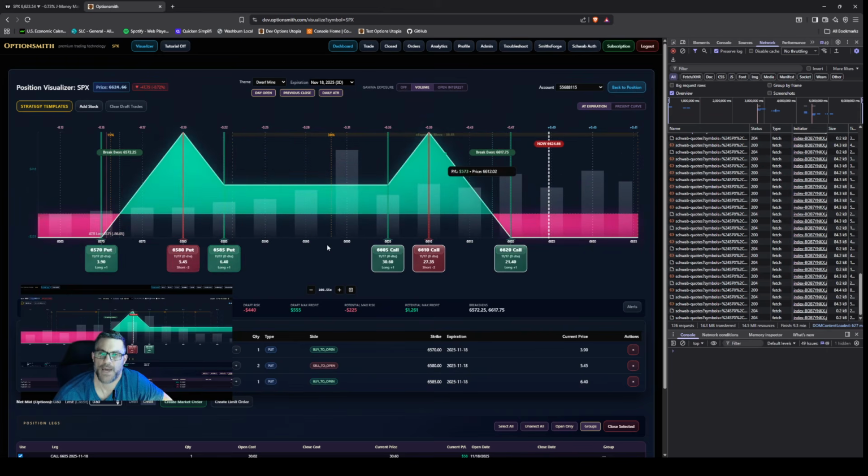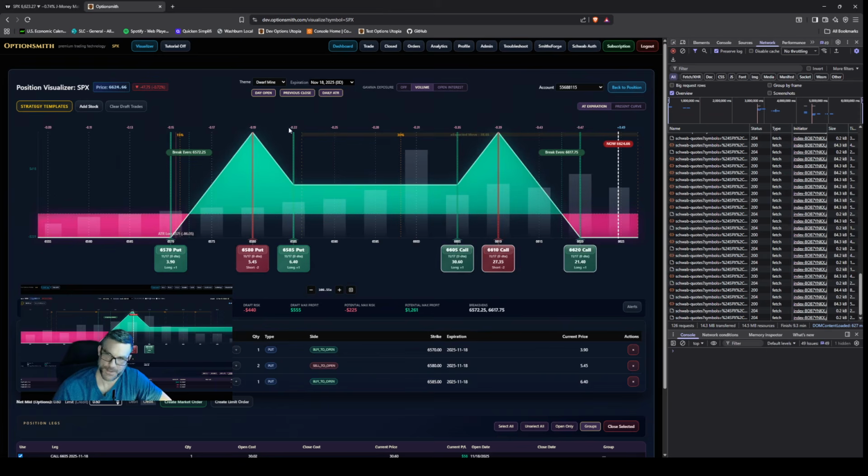So then we end up with a Batman trade, and this is called a Batman trade because these look like the Batman mask. But this is a good situation to be in because then we have a higher profit range in here because we've got the profit range going one way and the profit range from the other one going the other way. And they also lessen the loss on either side.